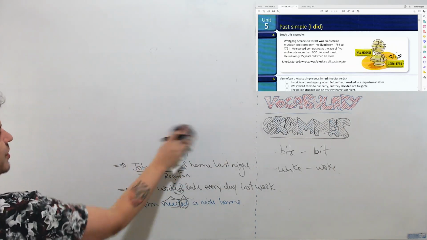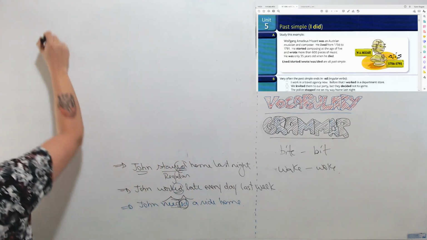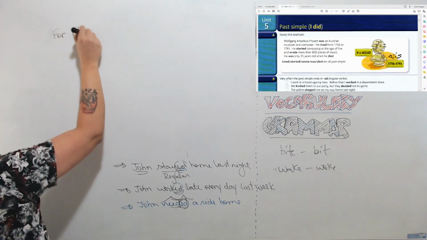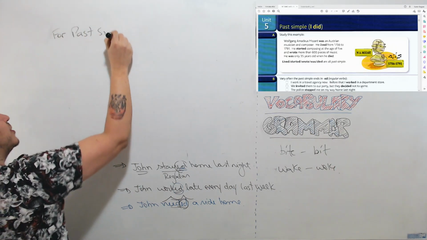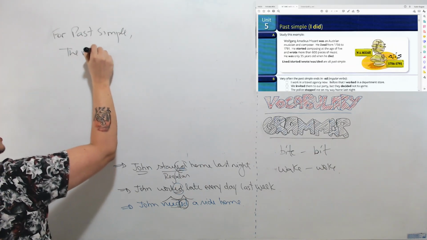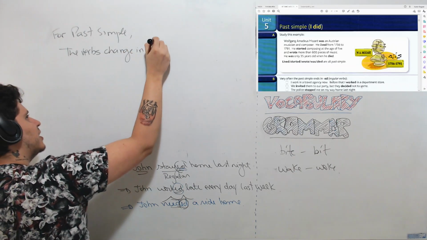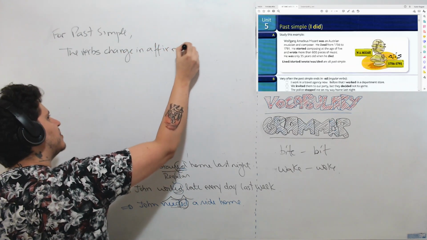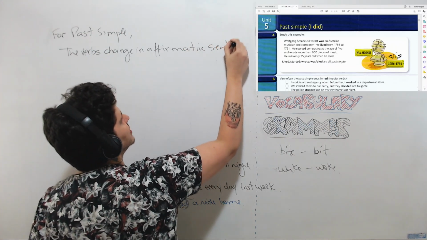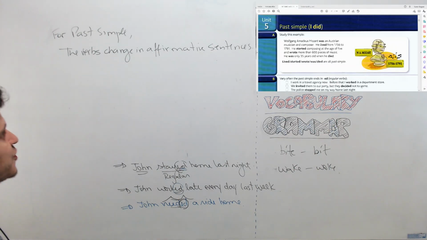For past simple, the verbs only change in the affirmative sentences. Okay? The same doesn't happen in negative sentences, of course you know.